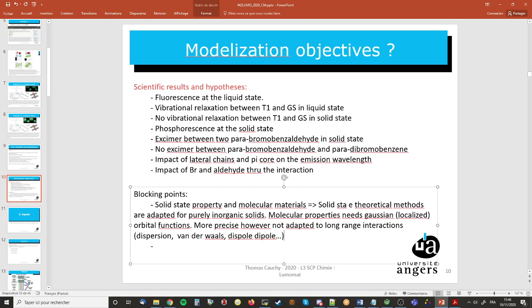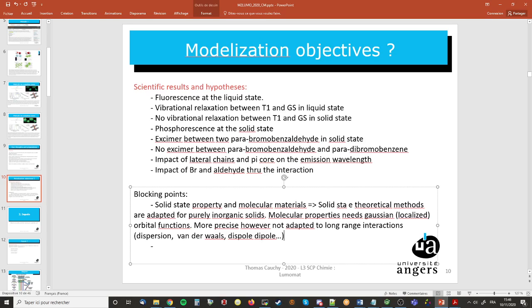But if you have a long-range distance that is in the more diffuse part, you can add diffuse functions, but the space covered by quantum chemistry is generally shorter than van der Waals interactions.